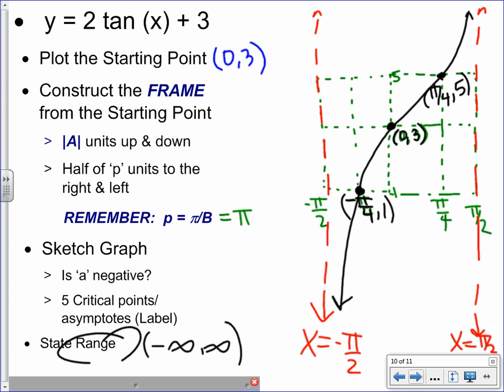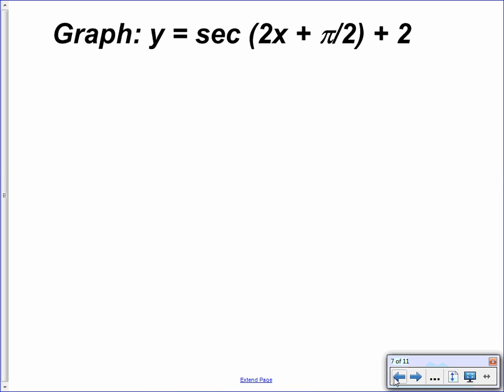Now, we have about 4 minutes left, so I'm going to go back and do that secant example. We'll get through as much of it as we can. Go ahead and write this one down.